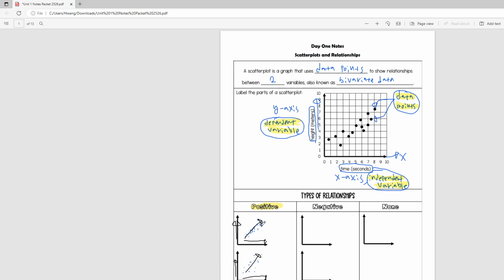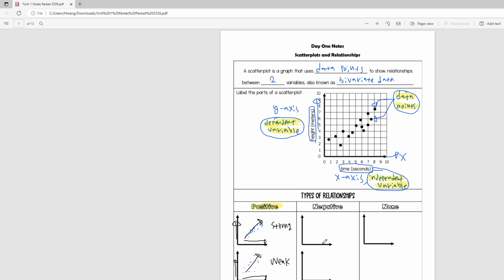In the first one, the points are together, very close to the positive line, and we call that strong. The one below shows points that are not together, they're kind of apart. So even though this is positive, we call this weak data.